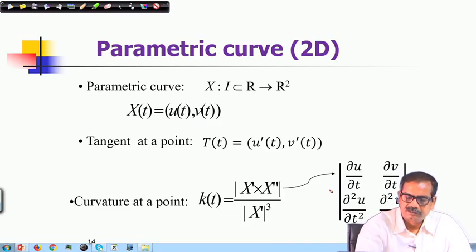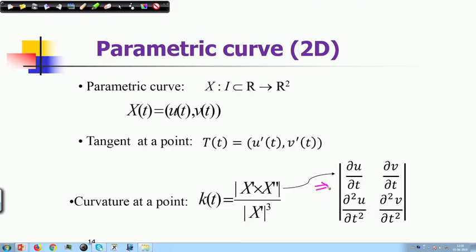You can see that du/dt and dv/dt give you the corresponding values. So, given a particular value of t, you get scalar values, and then you take the determinant of this matrix. And the denominator is the magnitude of the tangent vector. If your tangent vector is u'(t) and v'(t), that is shown here.